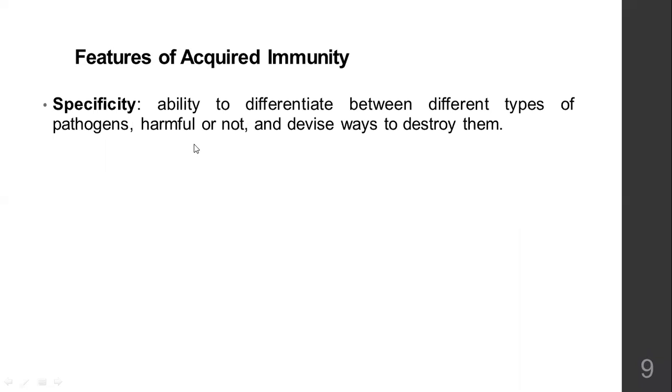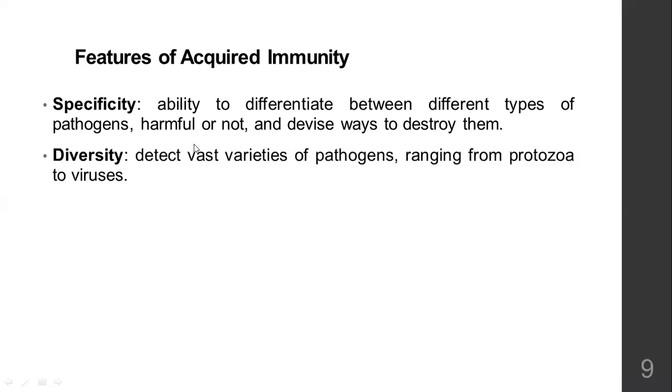So it has to identify whether it is a good bacteria or a bad bacteria, and if it is bad, mark it. Your immunity will make antibody-specific markers, and they will tackle the attack. Then diversity: it detects vast varieties of pathogens ranging from protozoa to virus. It is not narrow.